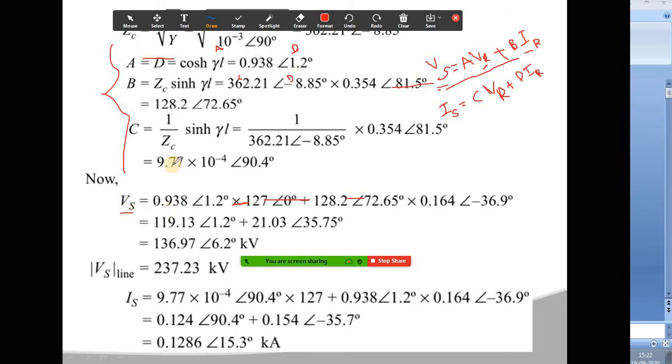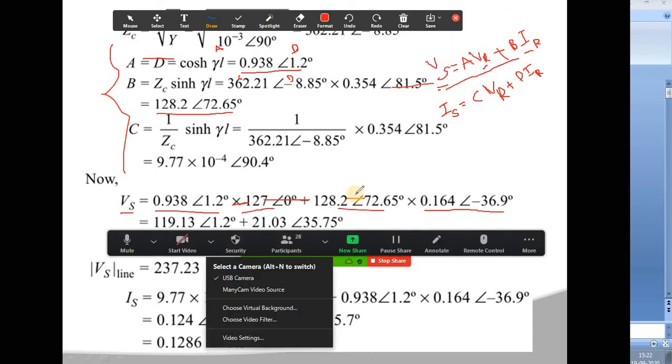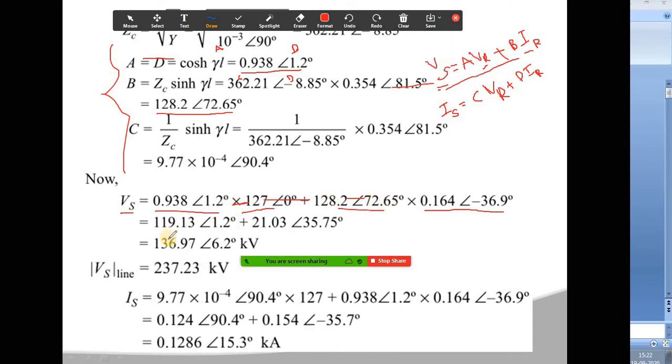So Vs equals 0.938 at an angle of 1.2 degrees into 127, plus B, which is 128.2 at an angle of 72.65 degrees, and IR is 0.164 at an angle of minus 36.9 degrees. If you calculate with your calculator, you will get Vs as 136.97 at an angle of 6.2 degrees.